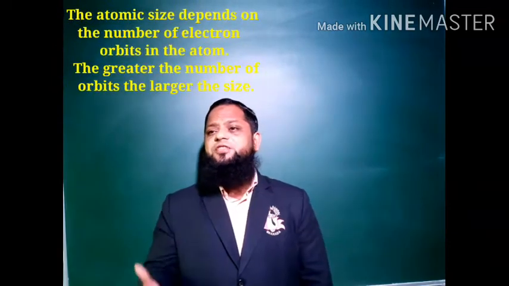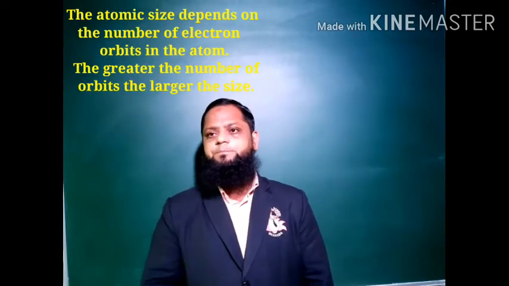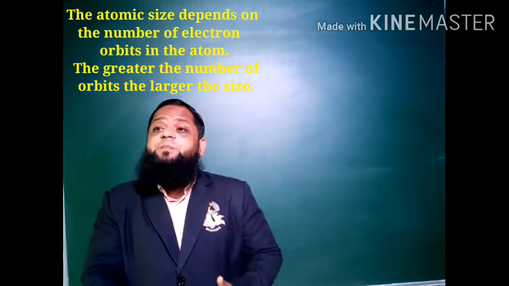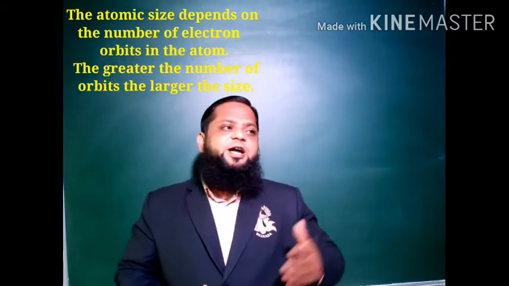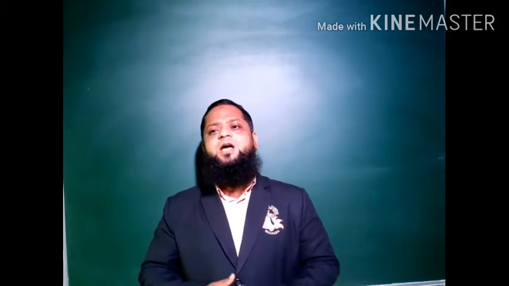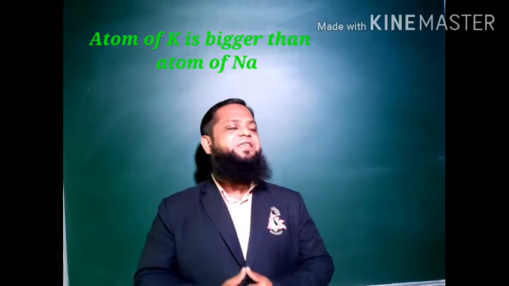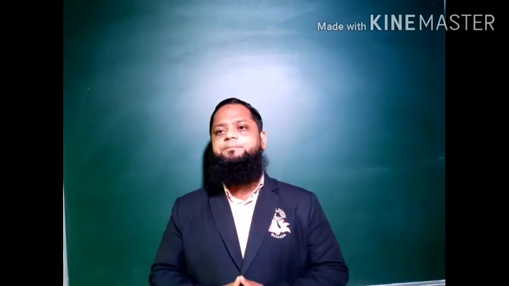The atomic size depends on the number of electron orbits in the atom. Greater the number of orbits, larger the atomic size. For example, an atom of potassium is bigger than the atom of sodium.